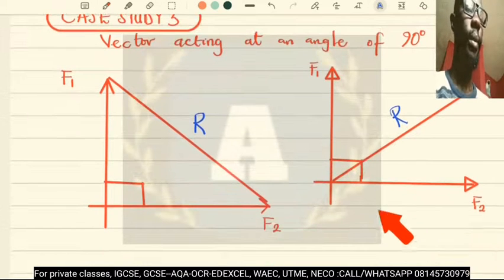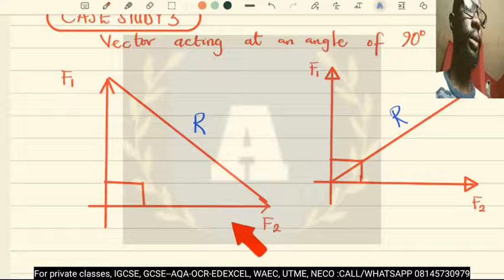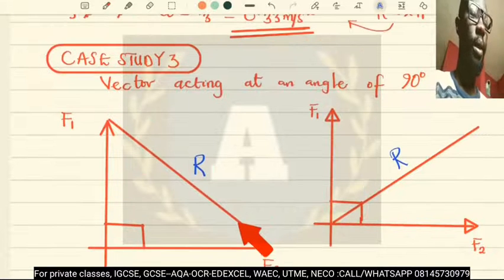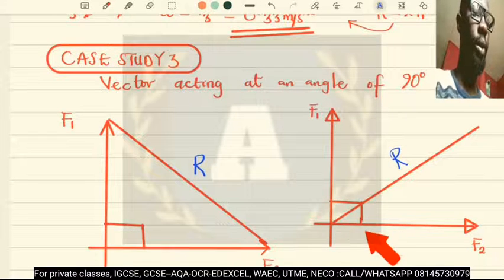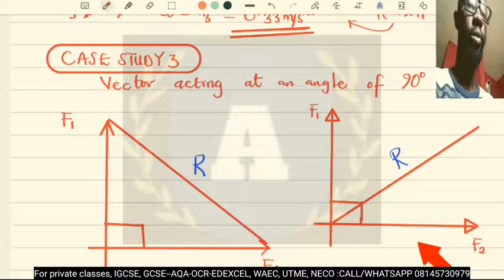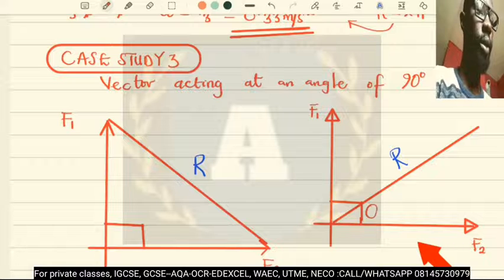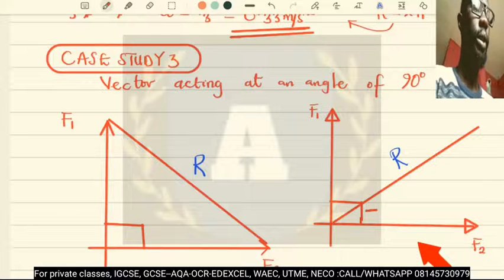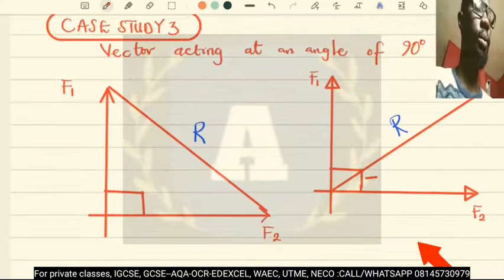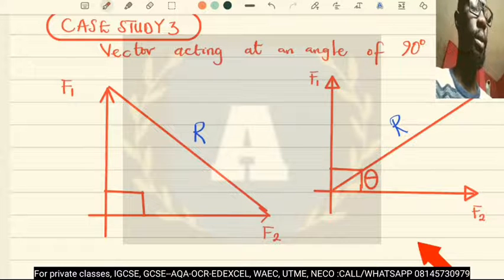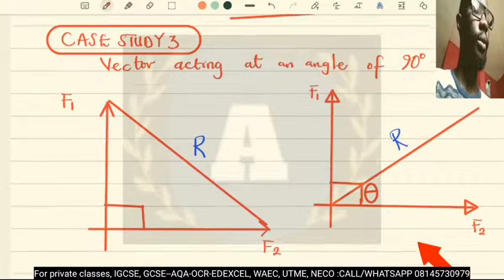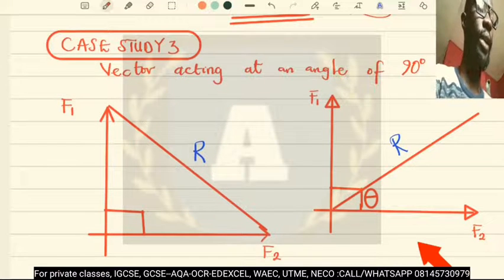Now you know that here, if this is from here to here is 90 degrees, then this place will be labeled as an angle theta, which is unknown. So now it will actually be 45 degrees.